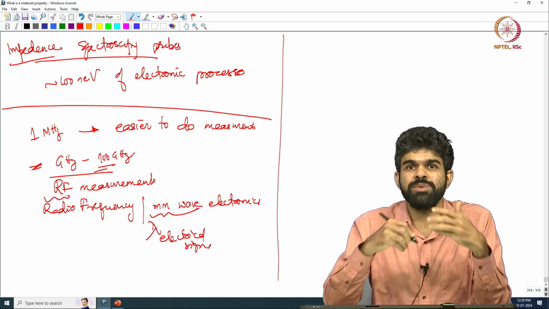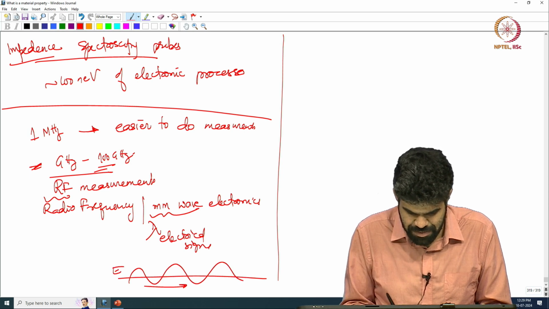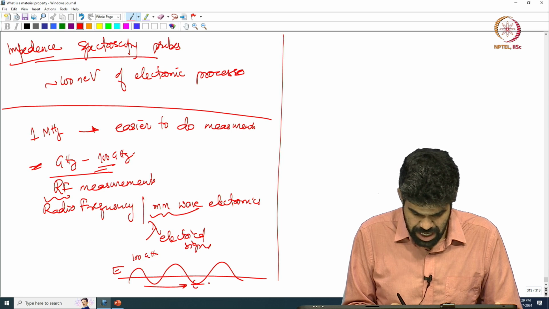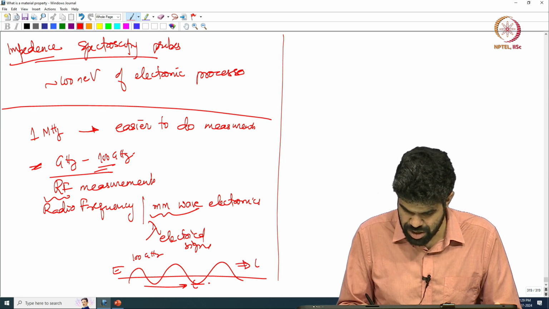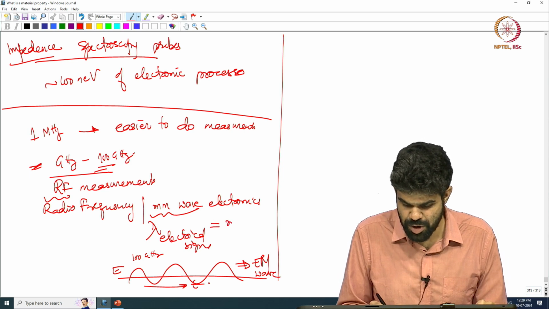At about 100 gigahertz or terahertz, the electric field is varying with time at that frequency, which means there is an electromagnetic wave, or electromagnetic signal, and its wavelength is about millimeters.